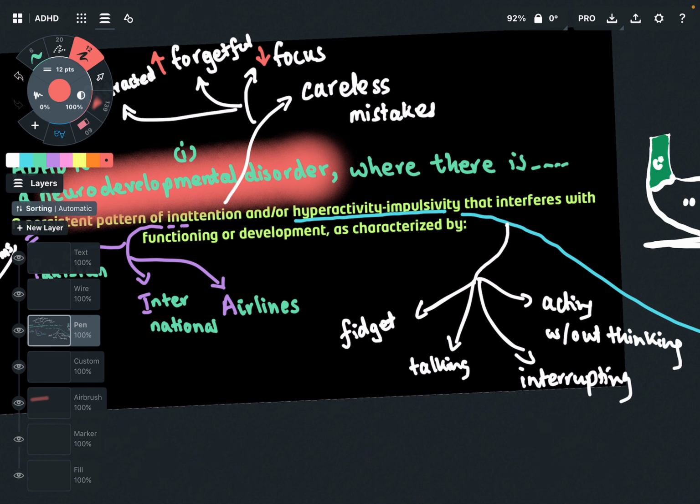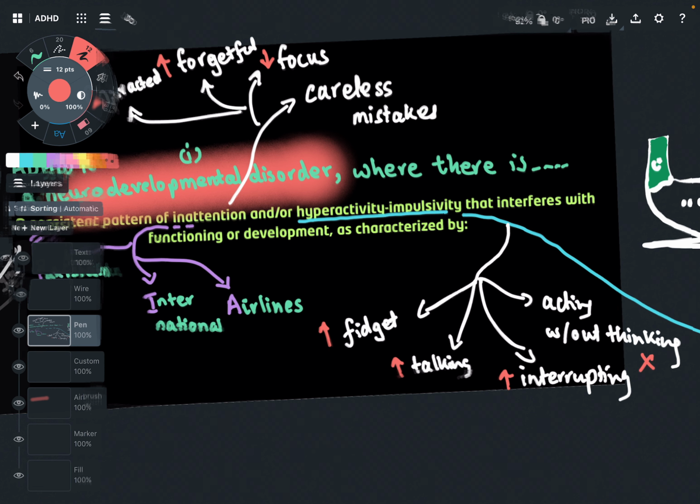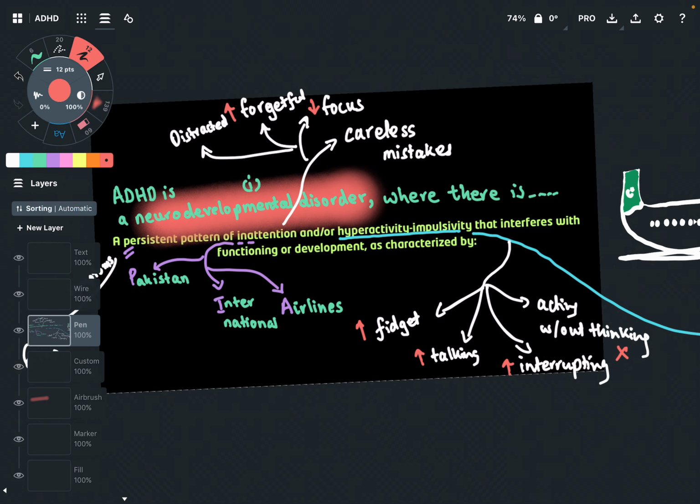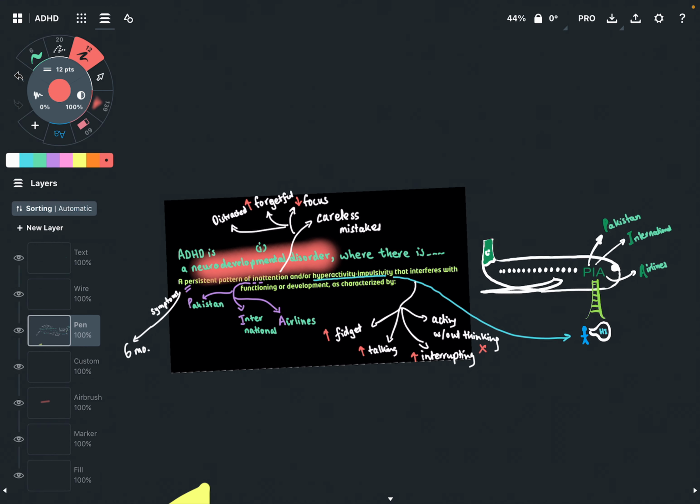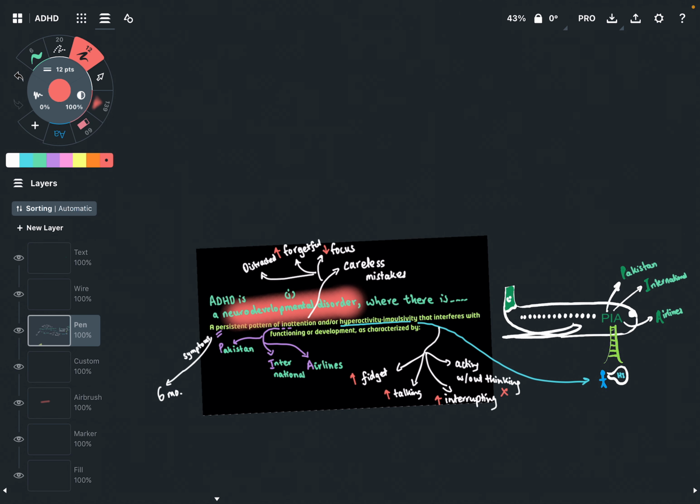So just to repeat that, hyperactivity impulsivity means that they're fidgeting more, they're talking more, they're interrupting more, and they're acting without thinking. You can pause the video and take another screenshot of that.